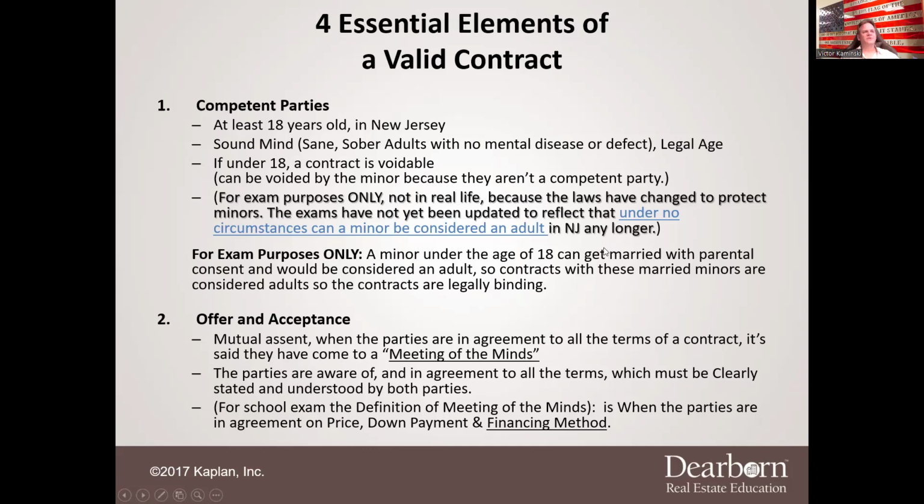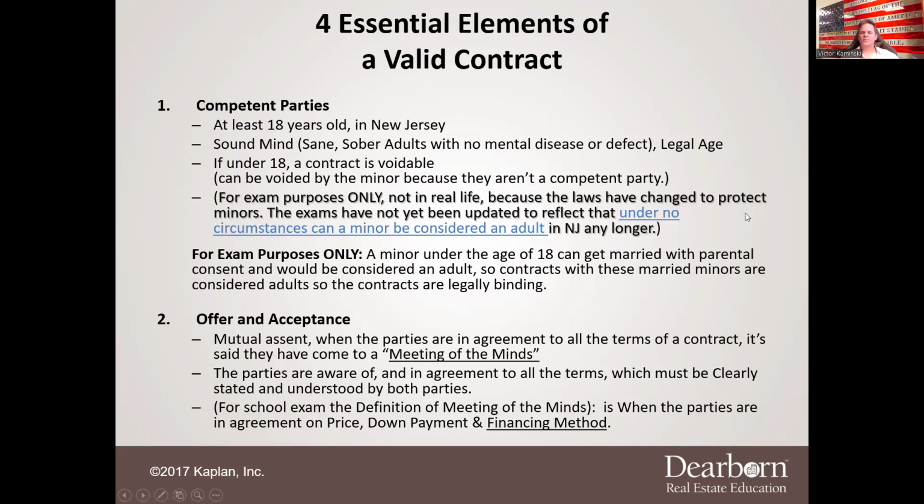Now, for exam purposes and exam purposes only, I've been bringing this up to the state for the longest time that they should change their exams. They should remove it. PSI is apparently unaware that they even have questions on their exams about this stuff. Or they're just playing ignorant, or they just don't know, or I'm not talking to the right people there. I don't know. And I bring it up to the Real Estate Commission as well.